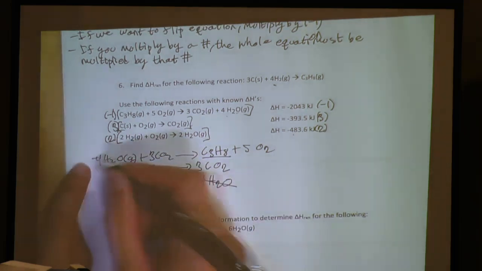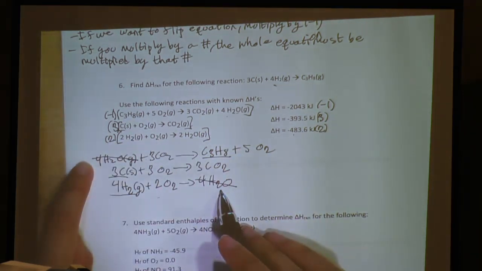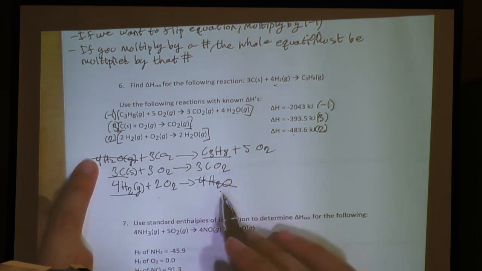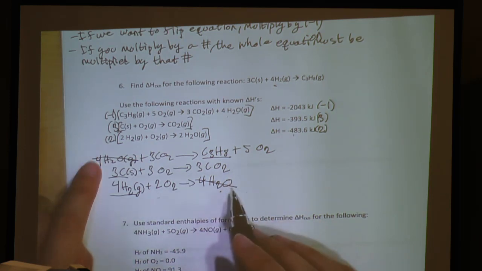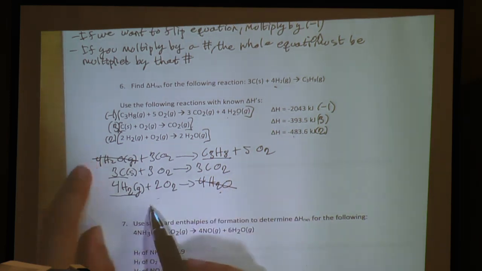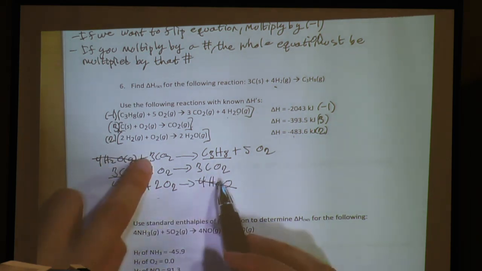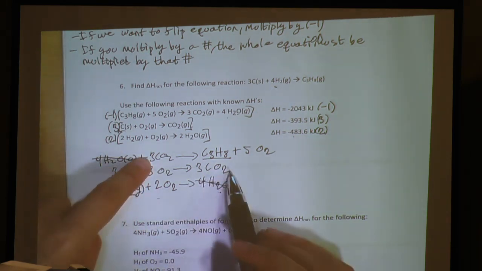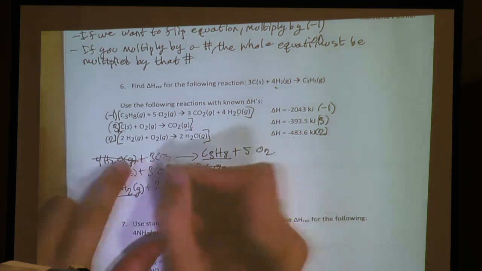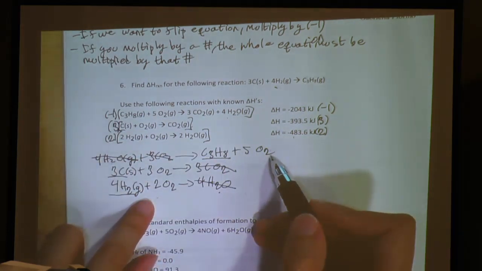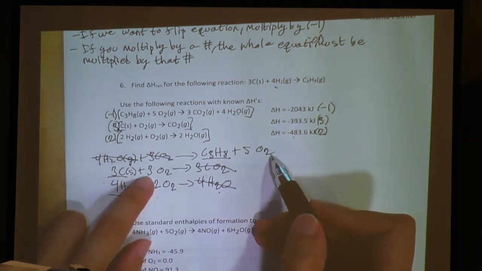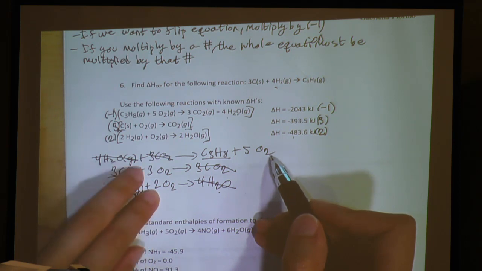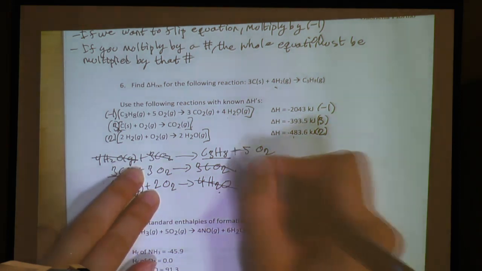If you have something on the left and then something on the right in another equation, they cancel out. Our 3CO2, we have it on the left side here and on the right side here, so those cancel out. We have a 5O2 here, and a 3O2 here and a 2O2 here. So 3 plus 2 is 5, so these cancel each other out.